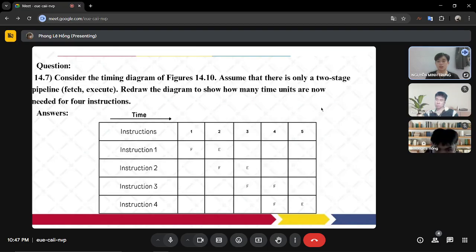For instruction 1 we have fetch, for instruction 2 we have fetch and execute, for instruction 3 fetch and execute, for instruction 4 fetch, and instruction 5 the same.